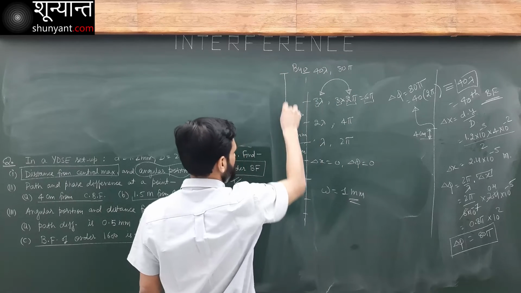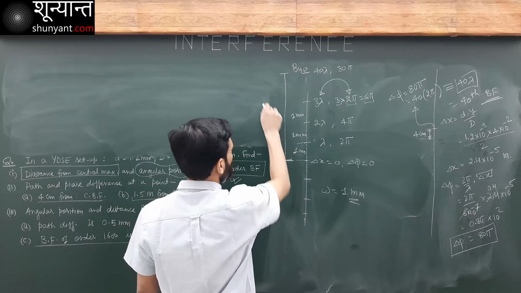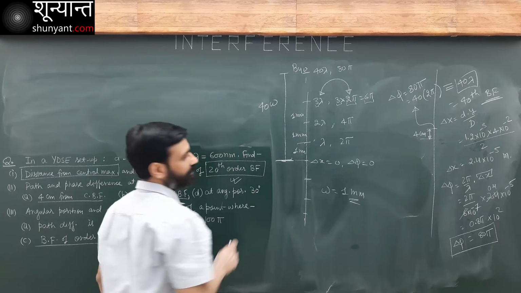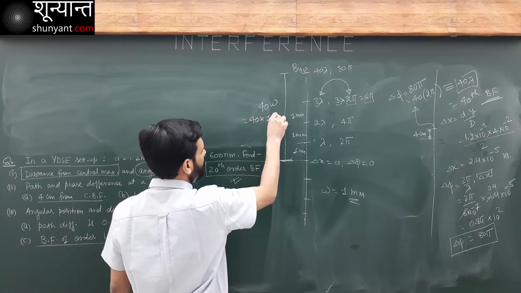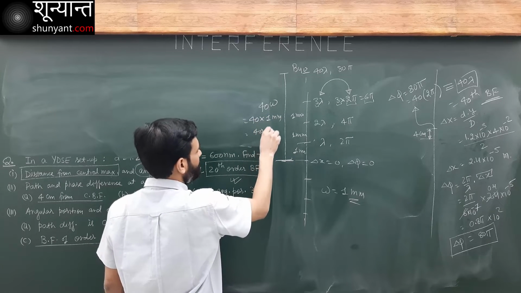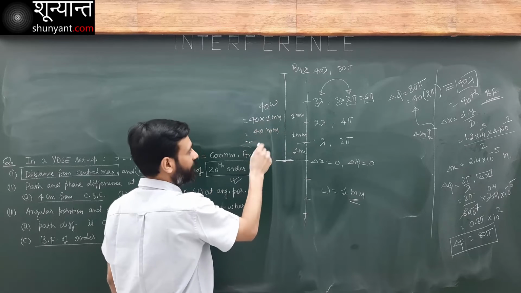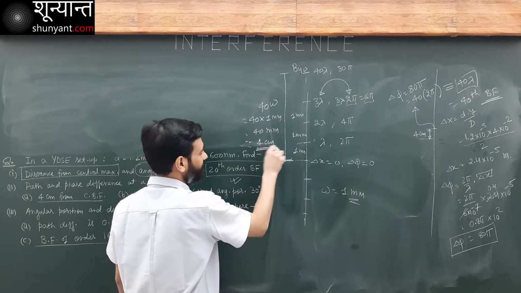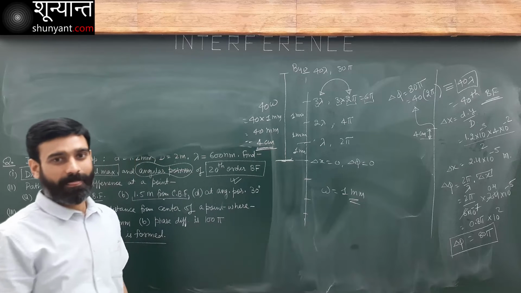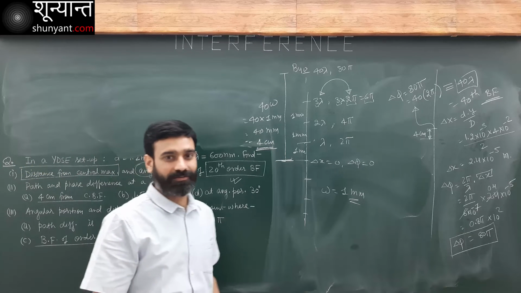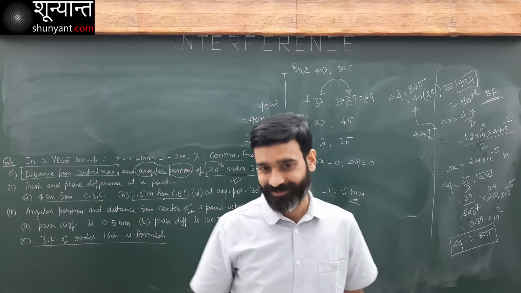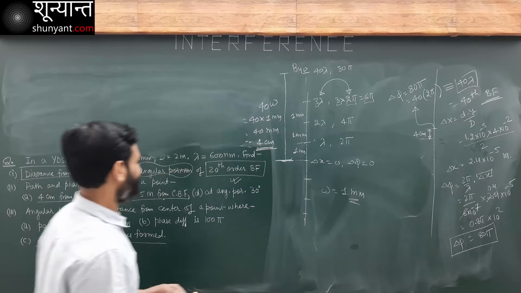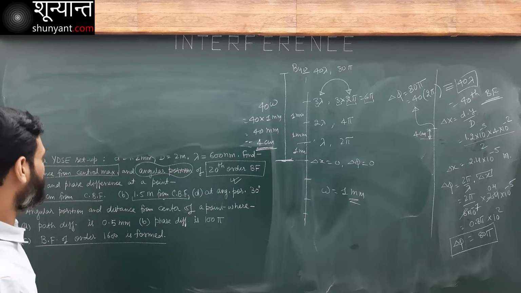What will be this distance? Will it not be equal to 40 omega? That means 40 times 1 millimeter. This is 40 millimeter, and this will be equal to 4 centimeter. Think about what we just did.